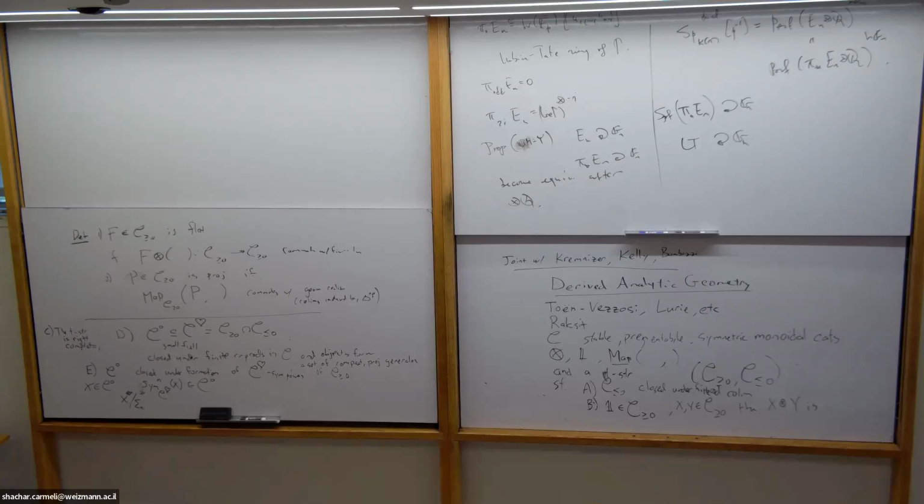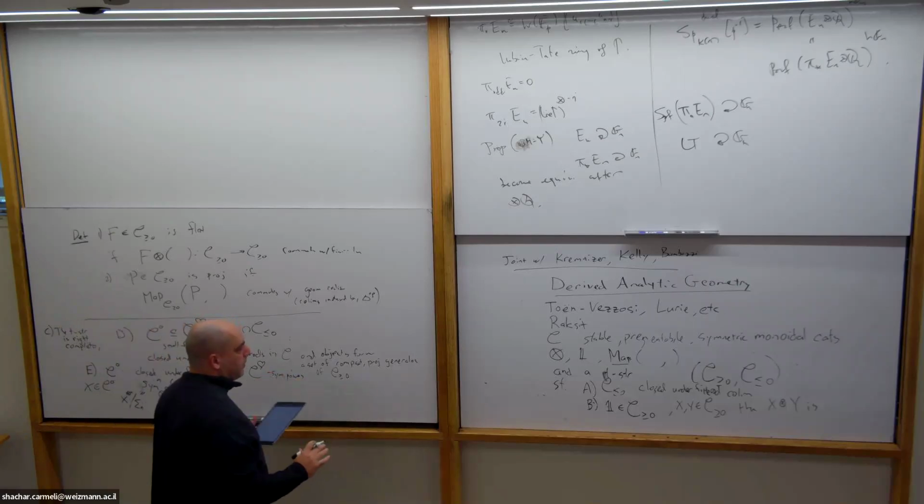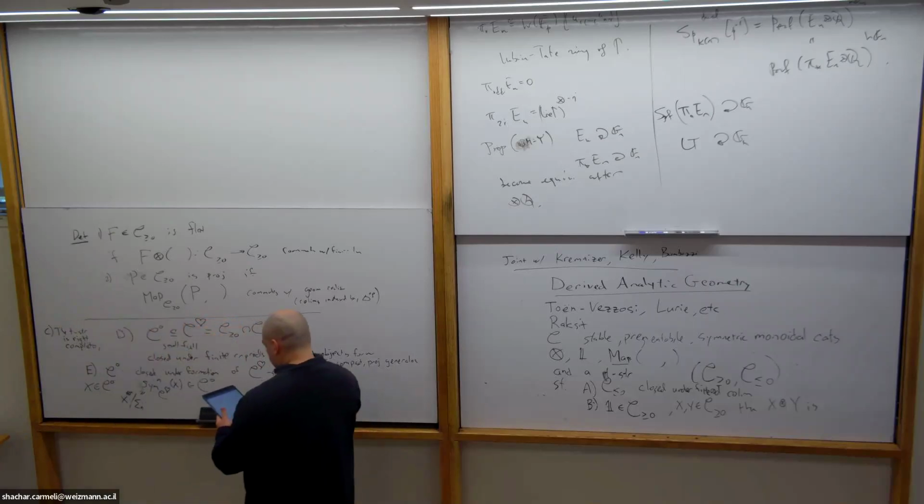No, technically it's coinvariants. Coinvariants, okay. So A through E are the definition of a context.